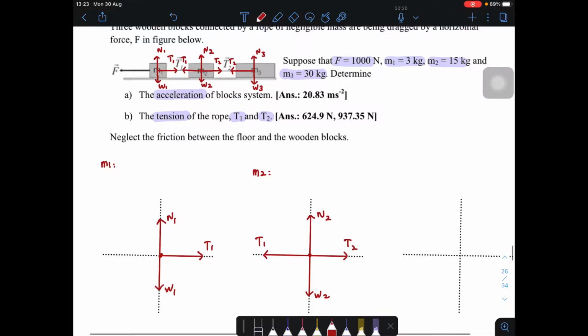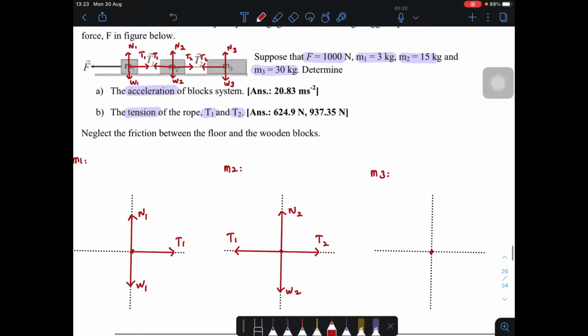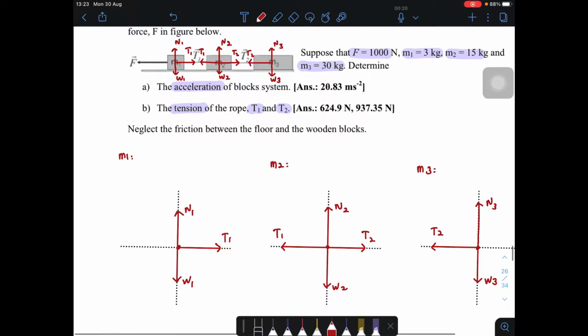is T2. And then for M3 here, this one is T2. Going downward is W3. And then upward will be N3. Okay, wait, I forgot here.